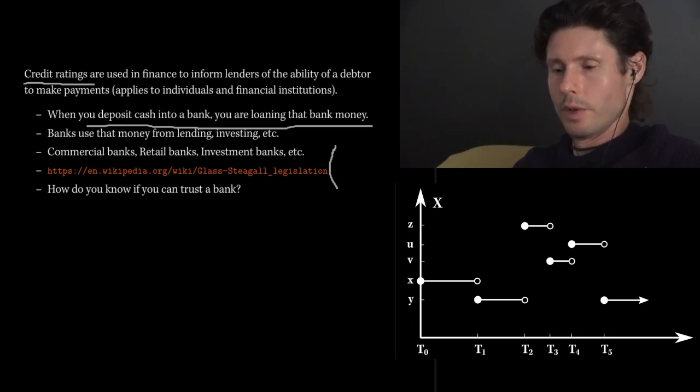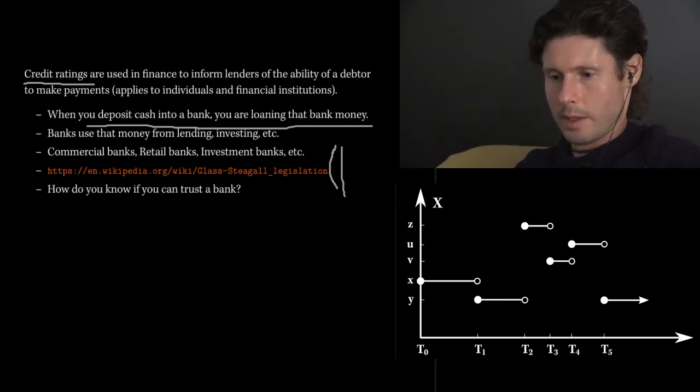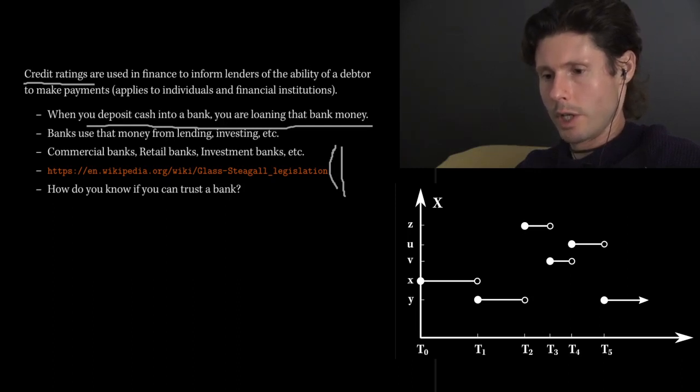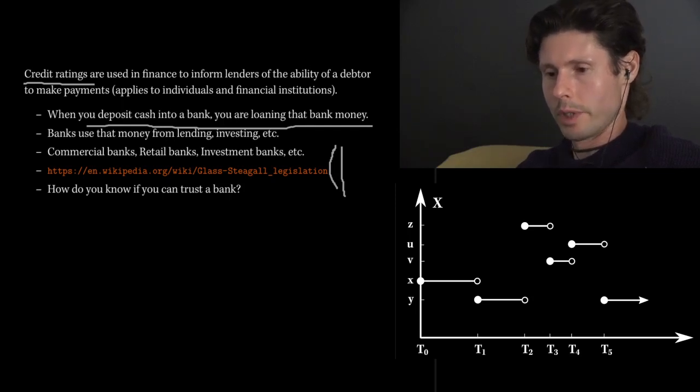And if you're interested in those further, a good place to start is what's called the Glass-Steagall Act or legislation. This was passed in the 1930s after the Great Depression, and it restricted a lot of banks to only certain types of activities. And later in the 90s, it was partially or even mostly repealed, which potentially led to the Great Recession of 2008.